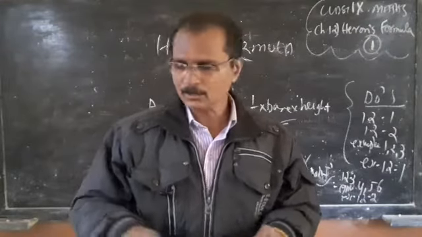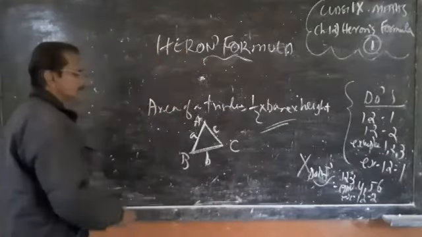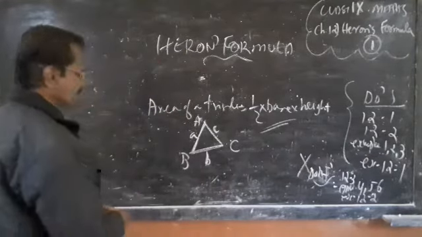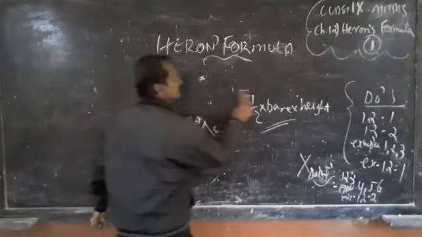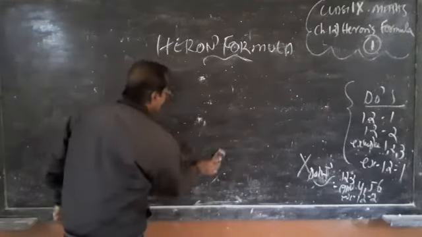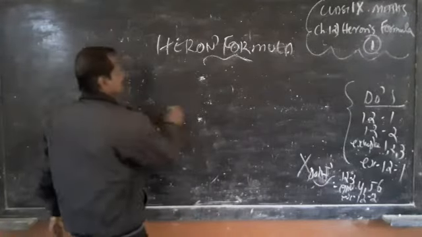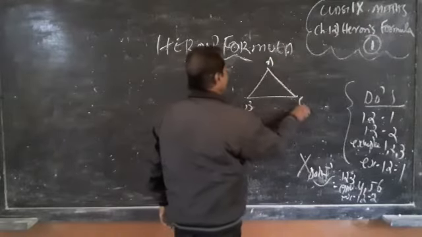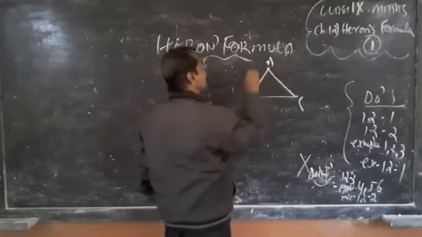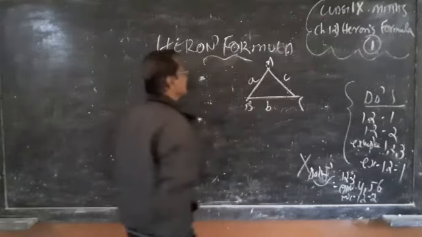So now I will directly give you the formula. What is the formula for the area of a triangle, Heron's formula? Already we have half base into height. Now Heron derived another formula. These 3 sides: AB is represented by a, BC by b, and AC by c.